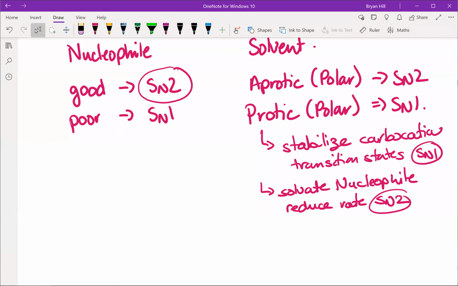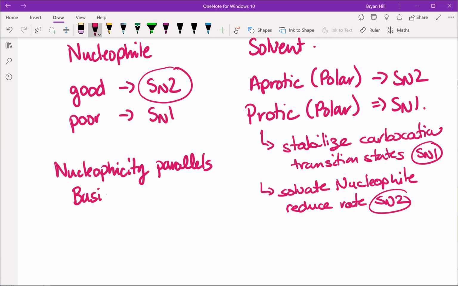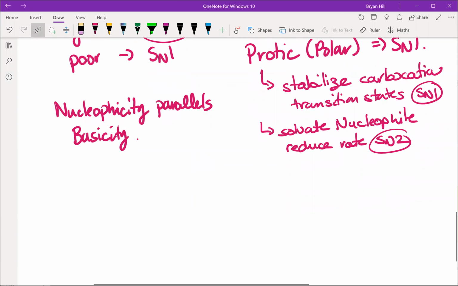So nucleophilicity basically parallels basicity, if we're going to use that, except for a couple of examples. And the examples were polarizable, I guess, polarizable.